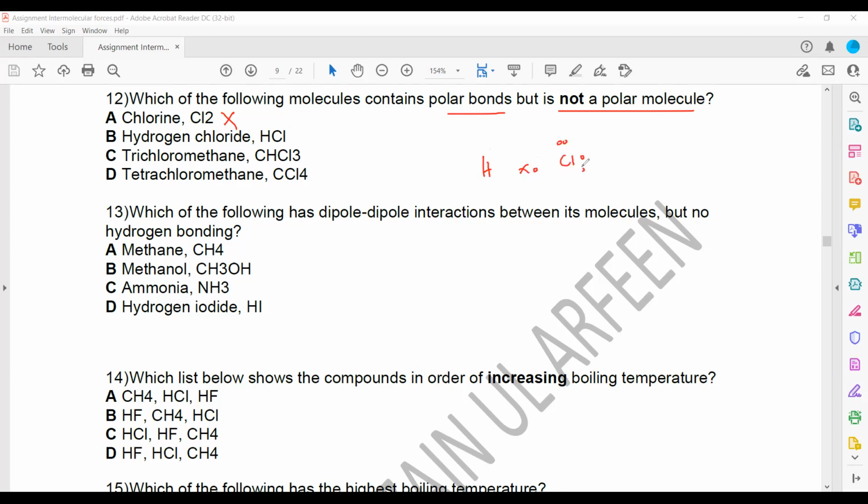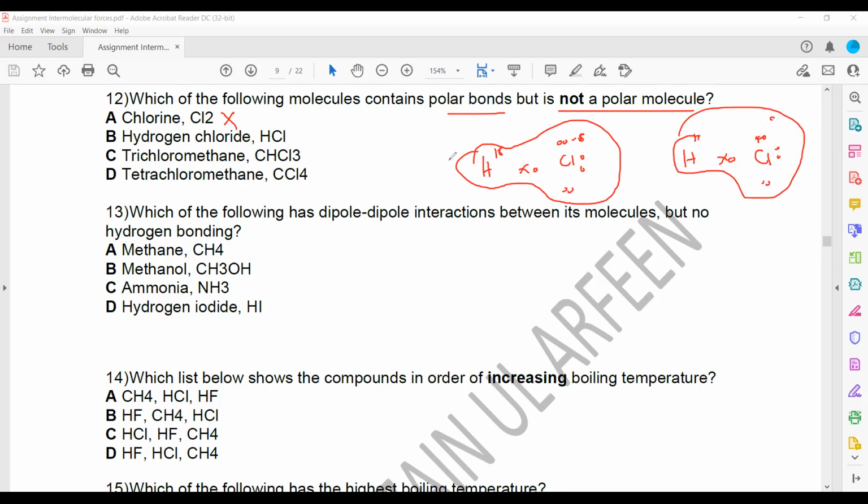There is no other atom to cancel it out. There will be partial positive on hydrogen and partial negative on chlorine. So the molecule is polar and the bond is also polar, so this cannot be the answer.